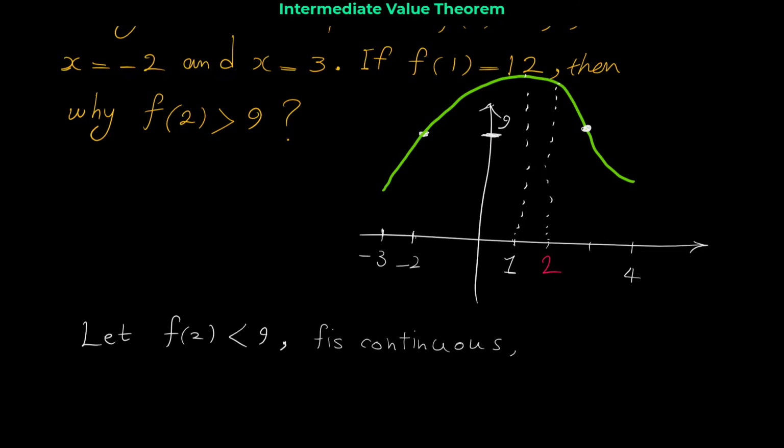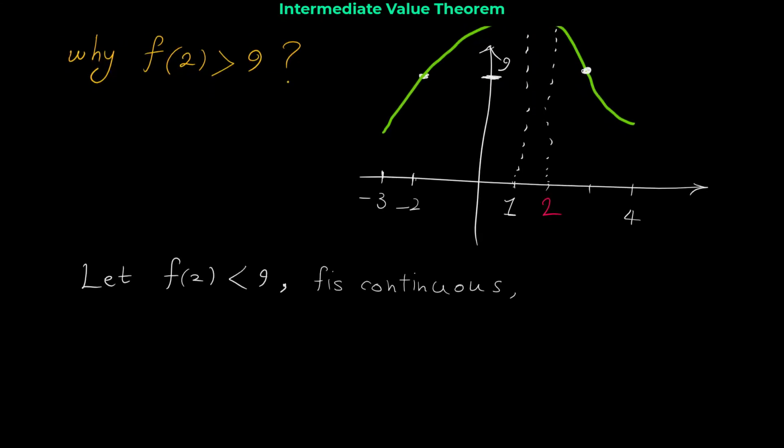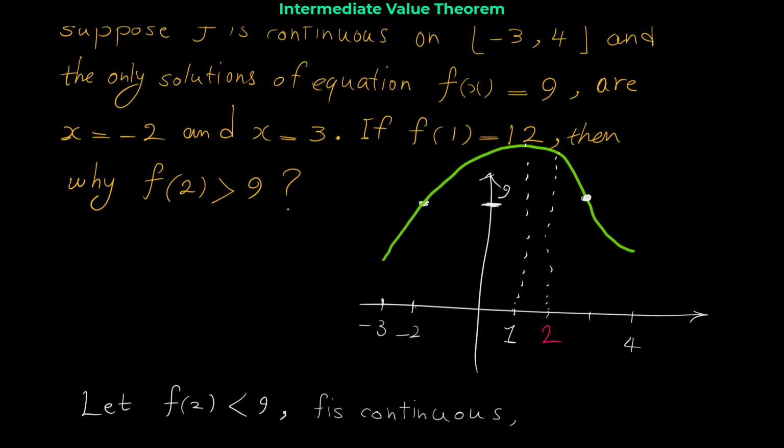And now attention, you have a function that at point 2 has a value less than 9. And also we know that f of 1, this is from the question, equals 12.